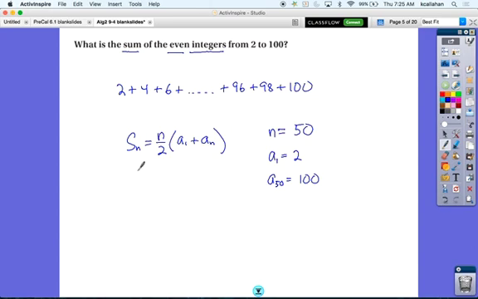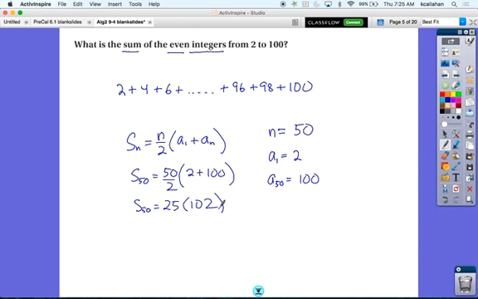So we're going to say S50 equals 50 over 2 times 2 plus 100. So S50 equals 25 times 102.